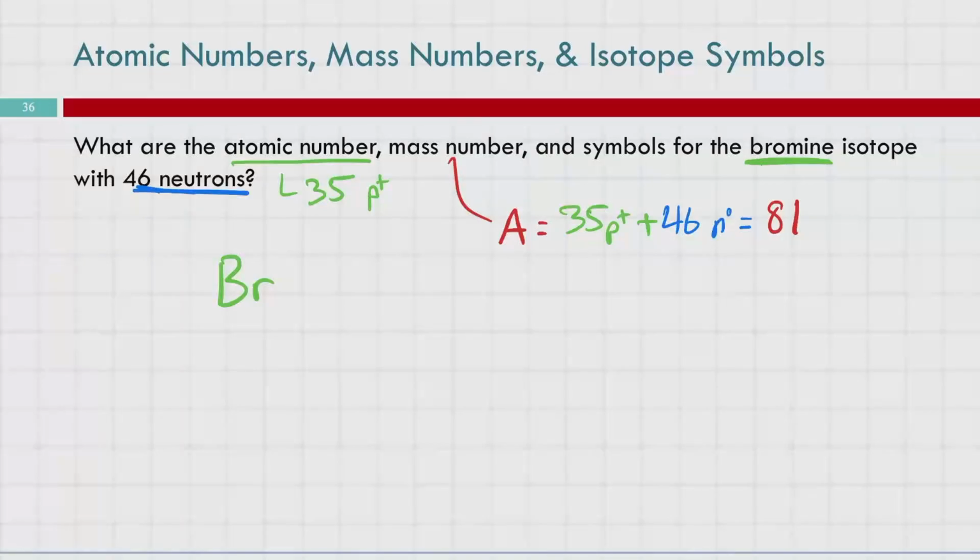So we got a value for 81, and now we need to add in the 35 and the 81 in front of our Br. Which one do we put on top? We put the 81. Why do we put the 81 on top? Because that's the rule. It's the bigger number. It's the mass number. Any of those works. So we put the 81 on top, and the 35 goes down below. That's one of our symbols. That's our short symbol.